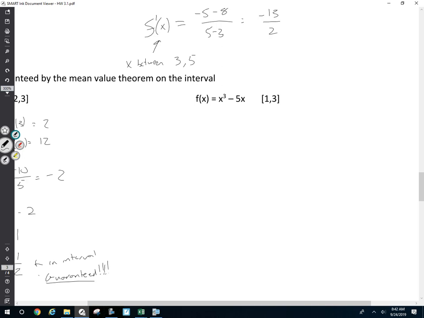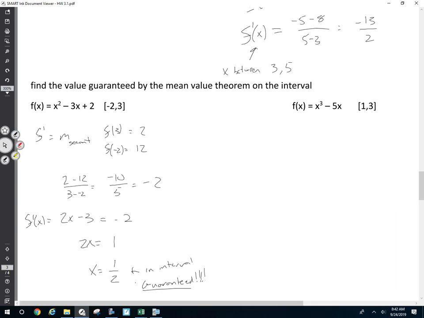Okay, I messed up. Didn't really mess up, but before I even start with this mean value theorem, I need to confirm f of x is differentiable. How we can make sure it's differentiable is by looking at the derivative and making sure the derivative is continuous.